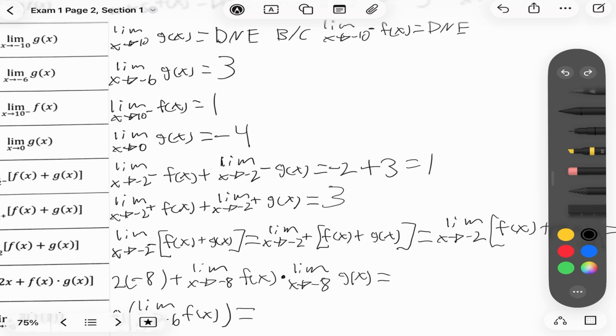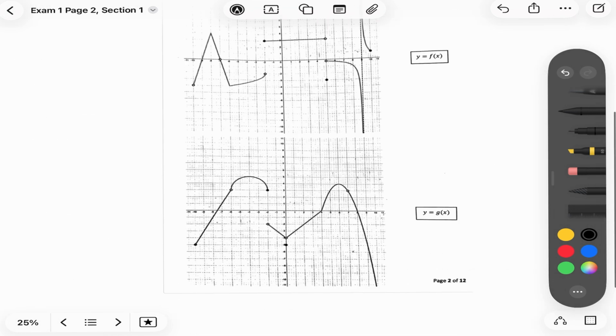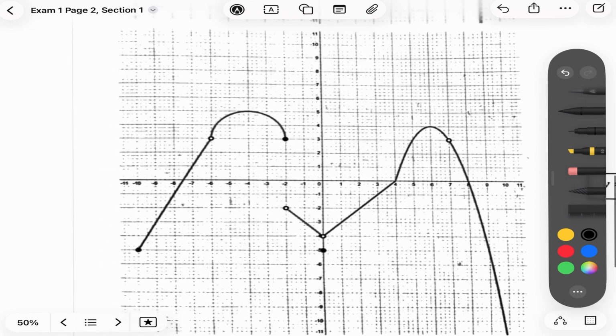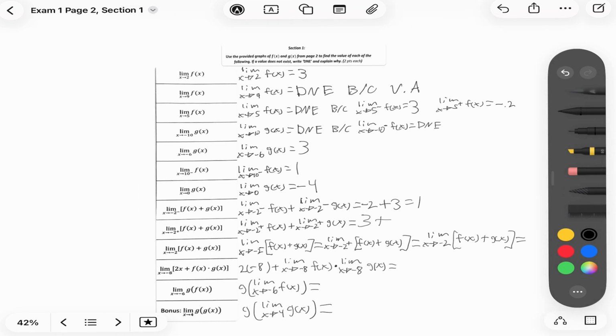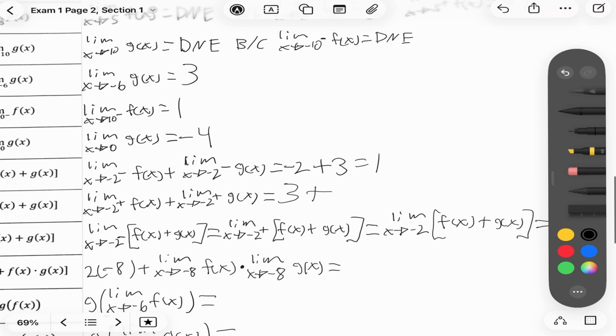Let's go to our g of x. Negative 2. From our right, it'll just be going to negative 2. So our answer for this will be 1 as well.